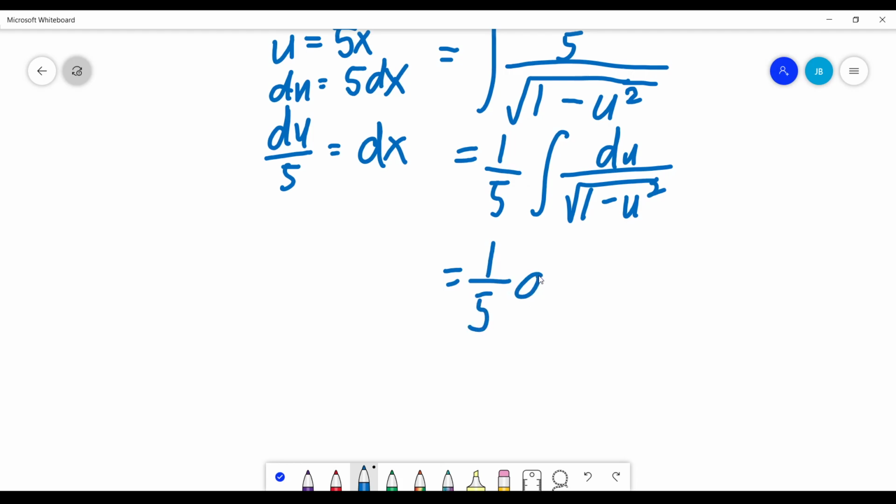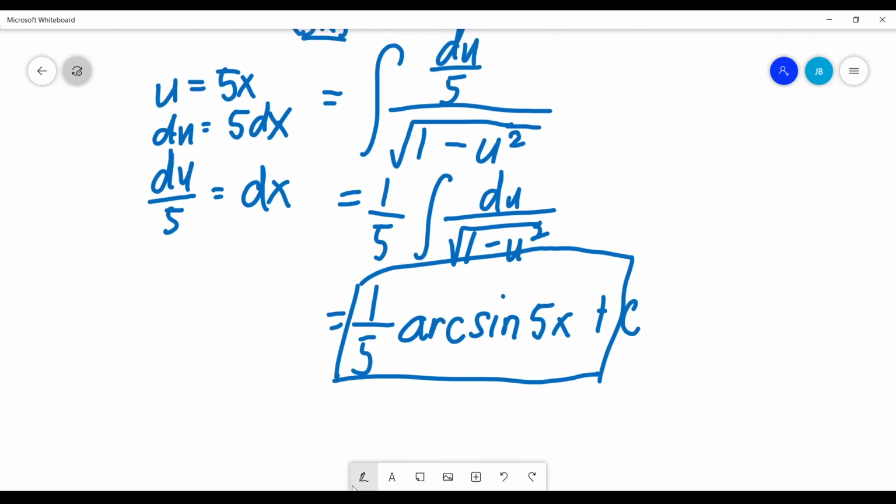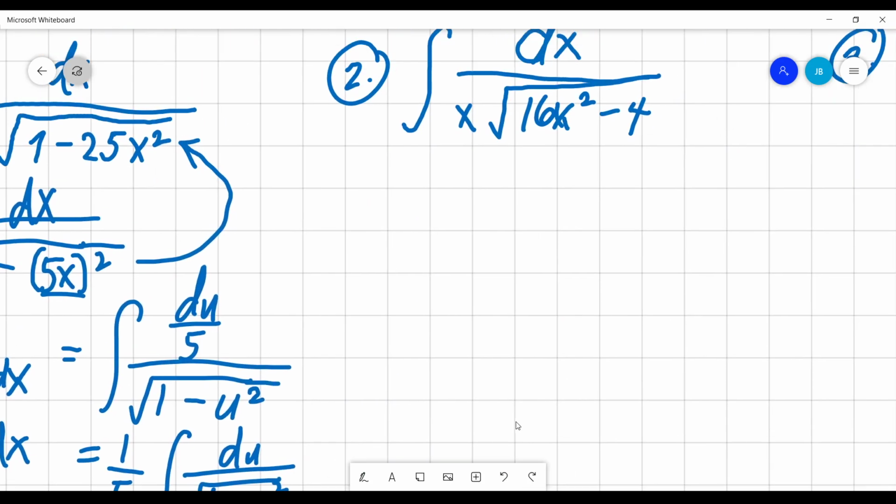So 1/5 arc sine of u, which is 5x, plus c. Now this is your final answer. Oops, sorry, included sa box yung C, ha? Alright, sige, include na lang natin. Plus C. So that is your final answer.